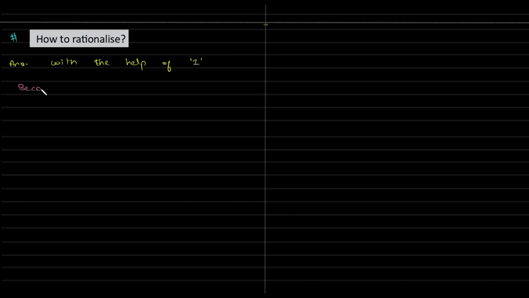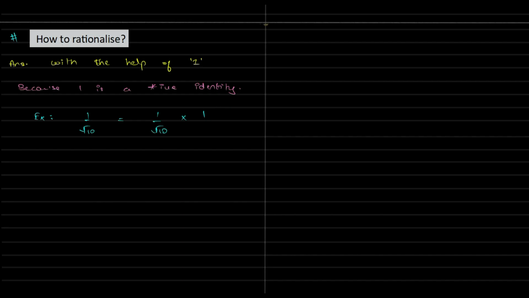Because 1 is a multiplicative identity. What does that mean? We can multiply 1 with anything and get back the same thing, right? 1 by root of 10, I can rewrite this as 1 by root of 10 into 1. I can multiply any expression by 1 and get back the same thing.